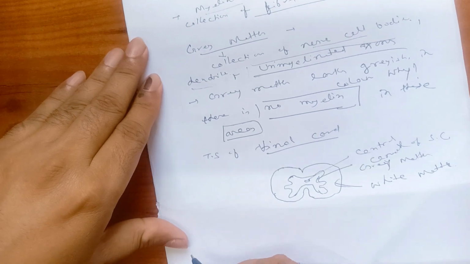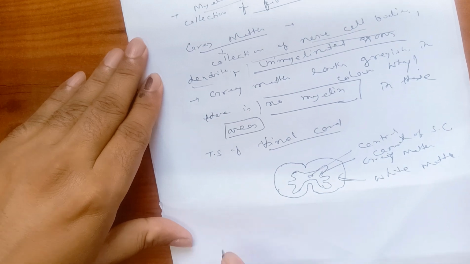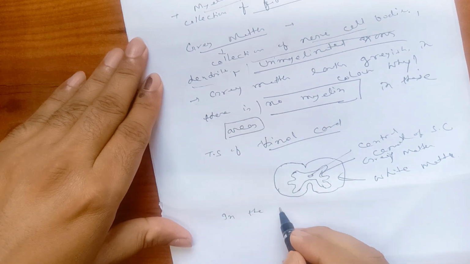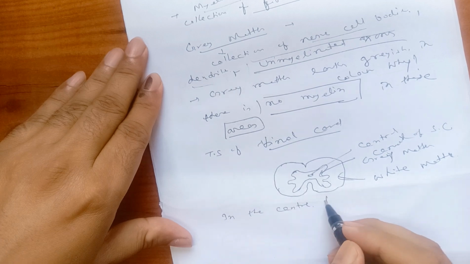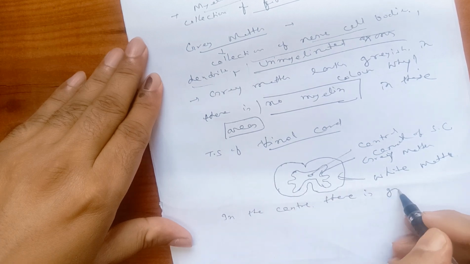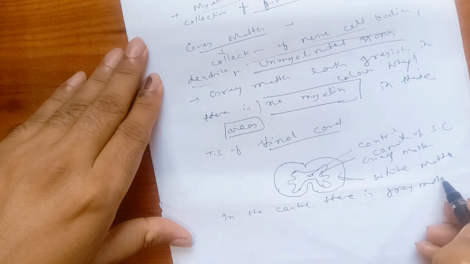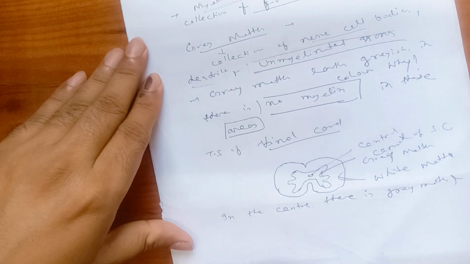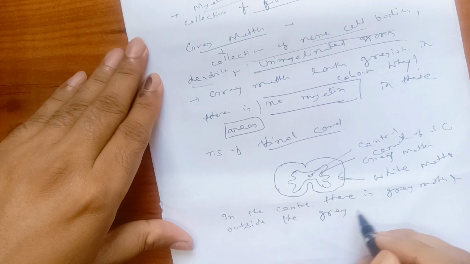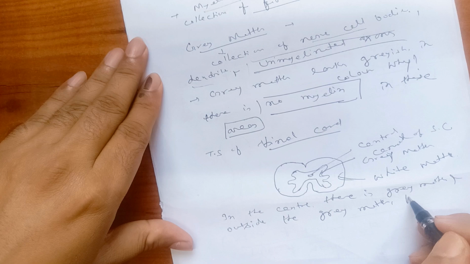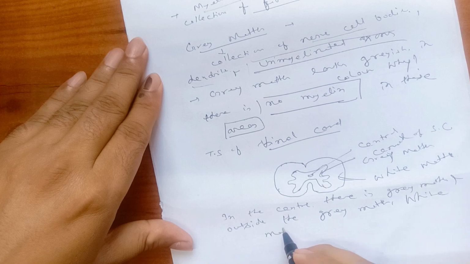We see that when we take the TS of the spinal cord, in the center there is the gray matter, and outside the gray matter the white matter is present, and in this white matter the tracts are also present.